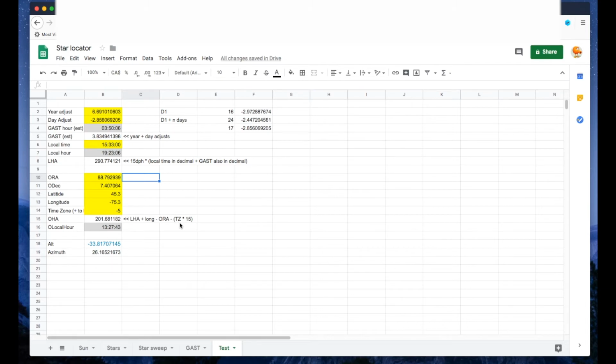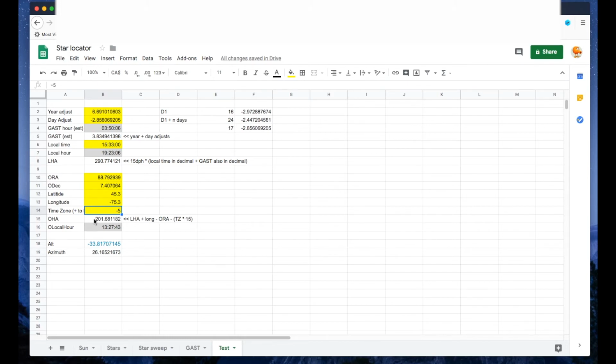And then we subtract our time zone by 15 degrees. So our time zone in this case is minus 5 hours from GMT. So it's going to be minus 5 times 15, which is going to be minus 75 degrees. So in fact, we're adding 75 degrees.